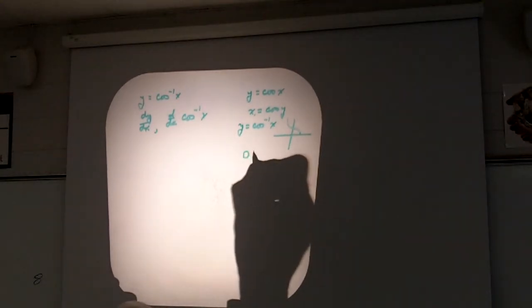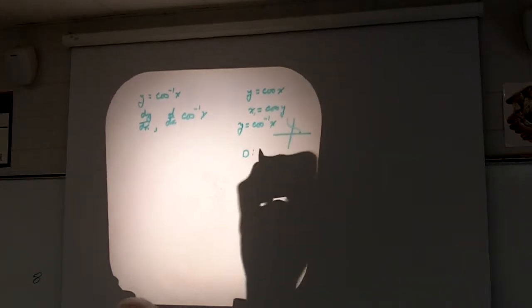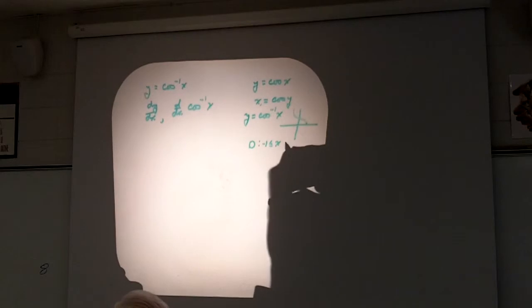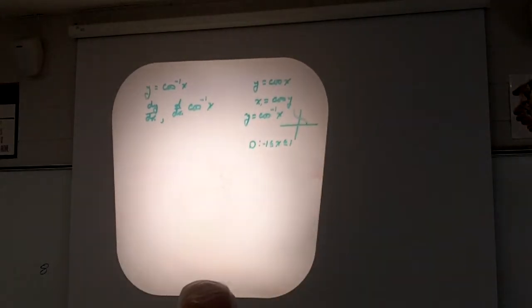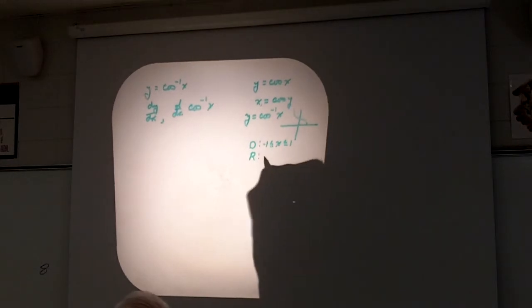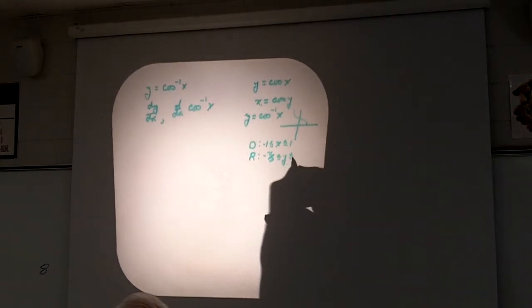The domain here is I'm going to run from here to here. So it's going to be negative 1 less than or equal to x less than or equal to 1. Question on that? Range. Negative pi halves less than or equal to y less than or equal to pi halves.